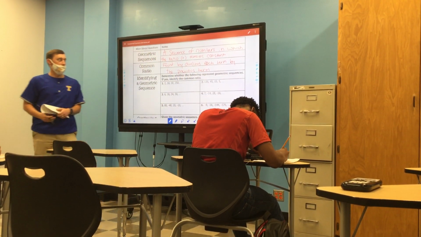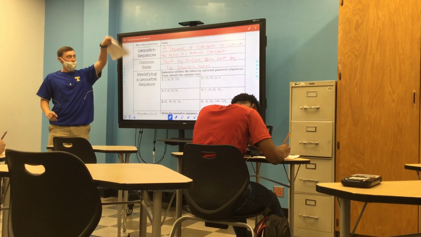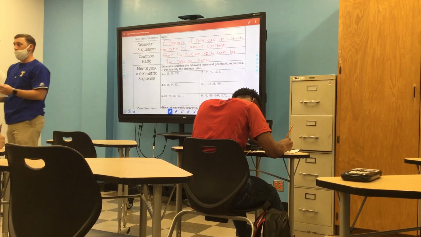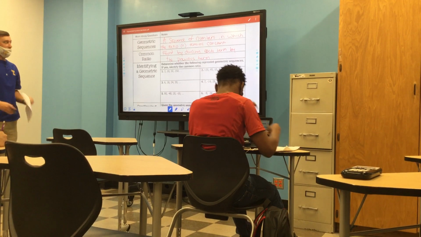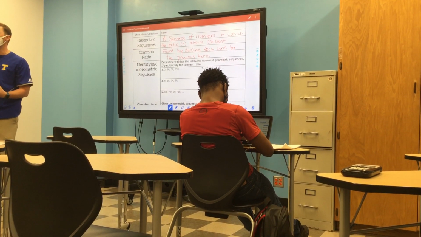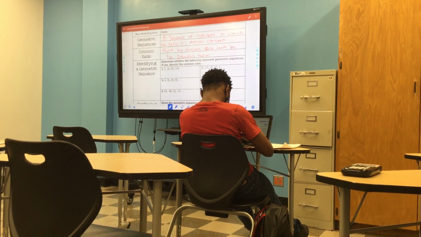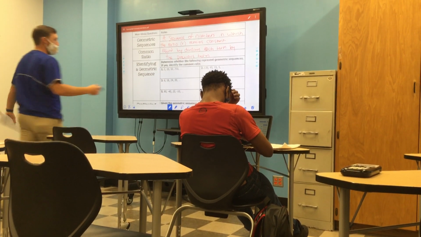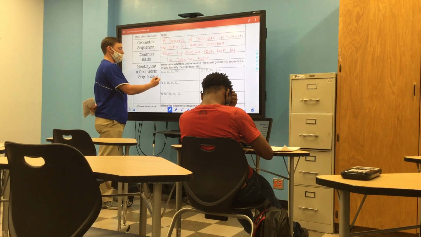Okay, a sequence of numbers, so geometric sequence, a sequence of numbers in which the ratio remains constant by multiplication in this case. And then the common ratio, we're going to find that common ratio by dividing terms by its previous. Okay, so if you were to see something here, right, what is 10 divided by 2?